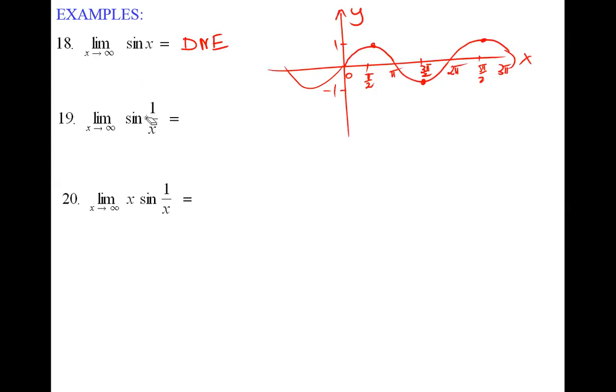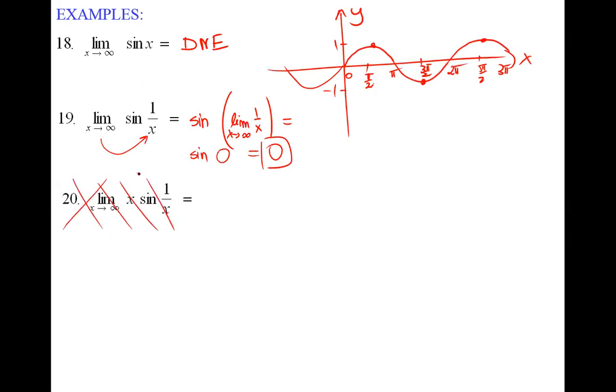Okay, 19, sine. Since sine is a continuous function, I can focus first of all on the inside limit. I can apply the limit to the inner function, and 1 over x, 1 over a big number is small, sine at 0 is 0. That means this one is simple. And this one we will skip because it's Math 141.